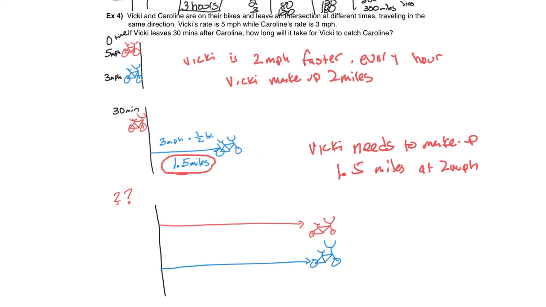She just needs to make up 1.5. So what we could do is take 1.5 miles divided by 2 miles per hour, and we find out that it takes her 0.75 hours, which, if you prefer, is 45 minutes.